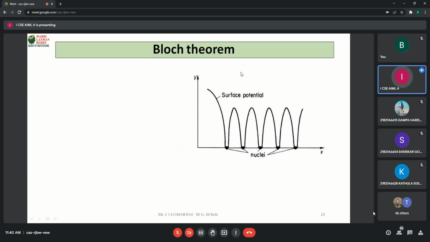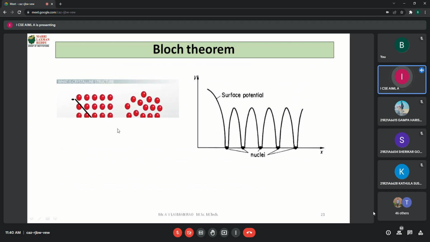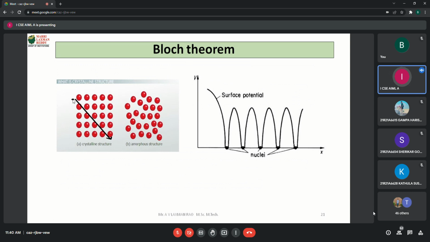Next, we have seen the Bloch theorem. Whether it is important or not, I'm keeping aside. The thing is, what the contents are, just a glance. Yes, we have seen this diagram. It explains the variation of potential energy of a moving electron in a periodic field. The potential energy varies according to the Bloch theorem like this.